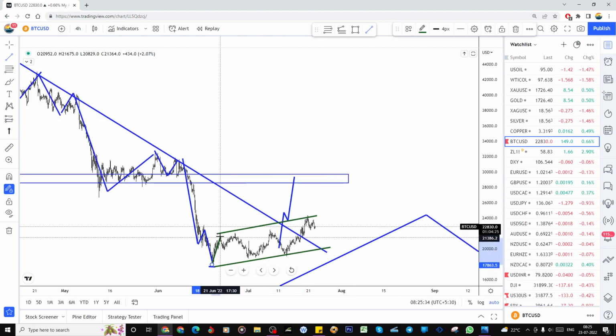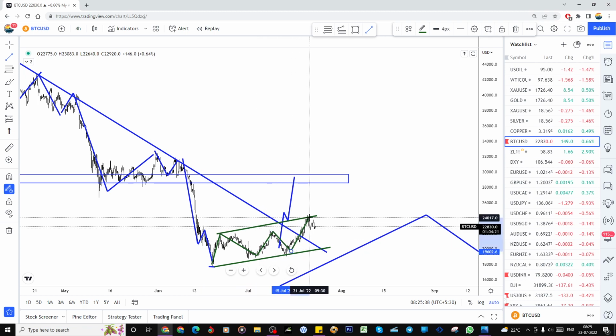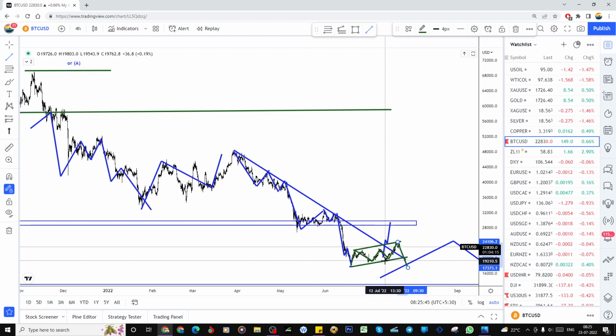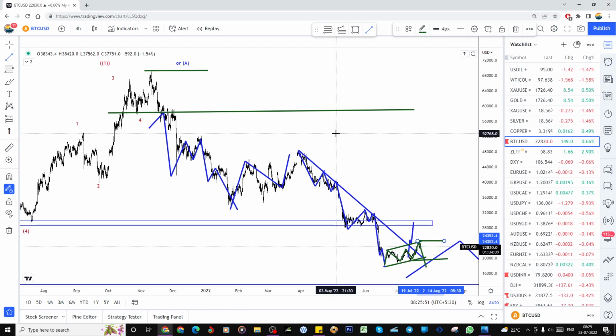So this is the A, this is the B, and this is the C, means we are expecting the downside. So when we have to enter, after breaking this one, making this as a stop loss. What is the target? Nearly 10,000. That is also possible. But it's all three-wave structure.